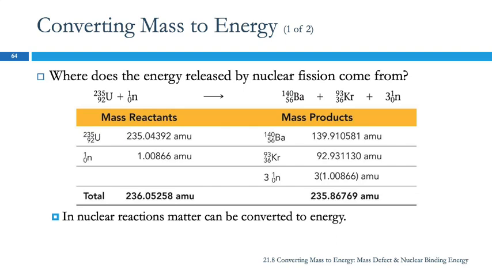So we're going to take the mass of the reactants, 236.05258, and we're going to subtract 235.86769. Well, a decimal point would be helpful there.